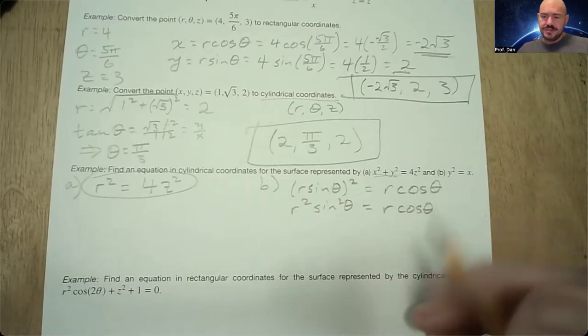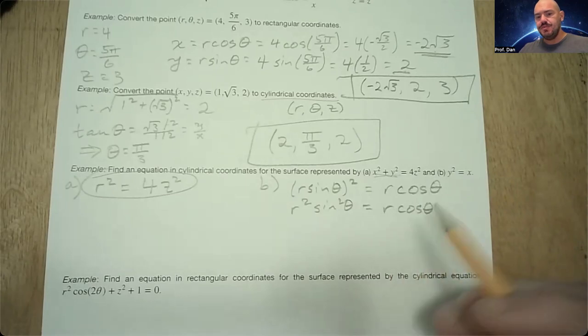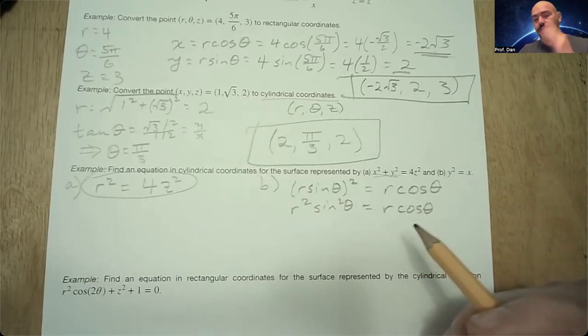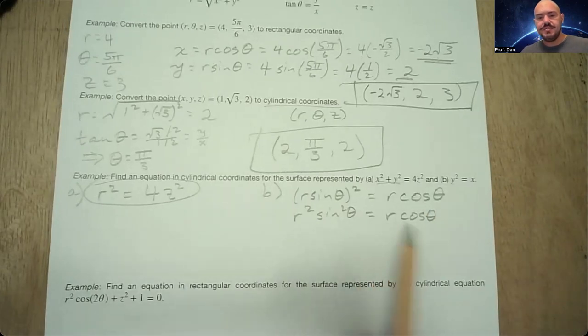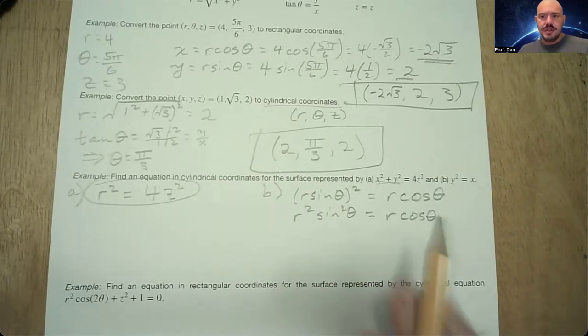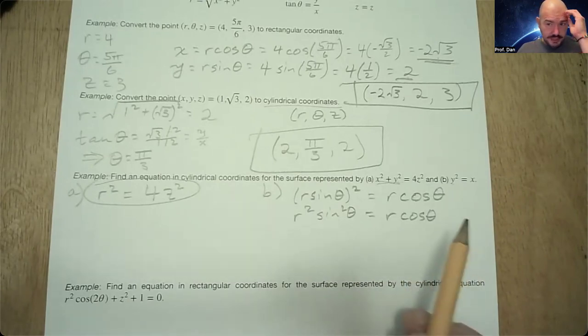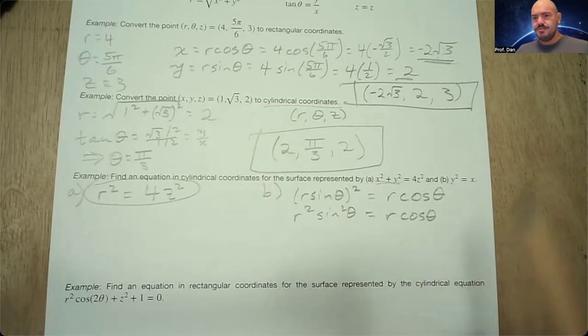But just remember that this can be written in several different ways. For example, if I were to subtract r cosine theta from both sides, I could factor an r out. It would look different, but it would still be the same thing. I wouldn't divide by r cosine theta because then you change the domain of the function, right?